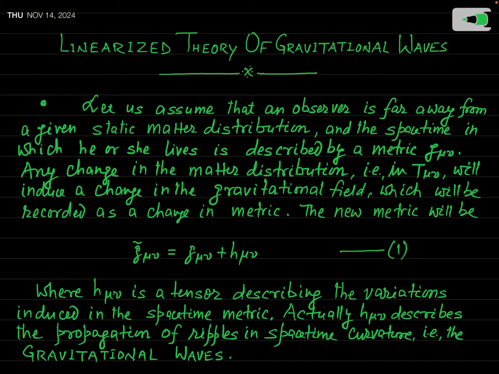According to Newton, the changes of the field are instantaneous. It takes no time. That is, these changes propagate with infinite speed, so it takes no time to travel from one place to another.